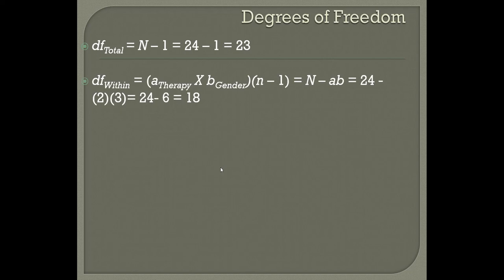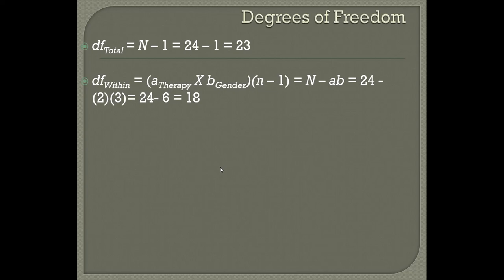So to determine the statistical significance of an F ratio, we'll need a few more statistics. One is the degrees of freedom. The degrees of freedom total, which won't be of very much use, is the total sample size minus 1.